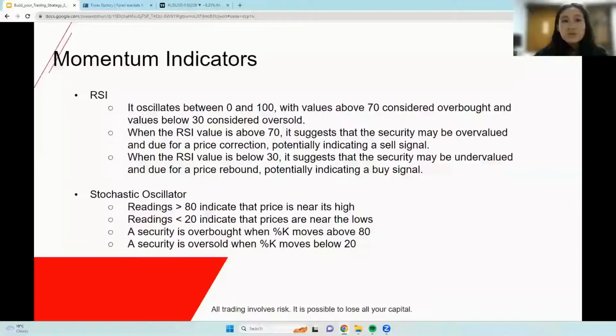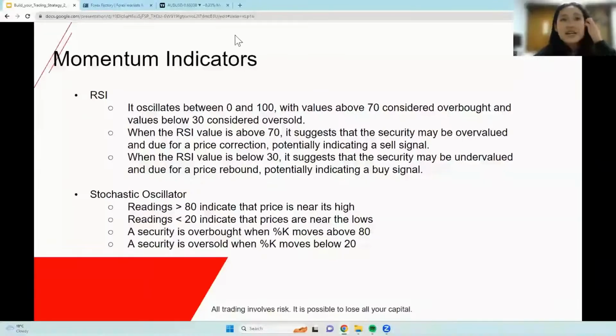When the RSI value is above 70, it suggests that the security may be overvalued and due for a price correction, potentially indicating a sell signal. When the RSI value is below 30, it suggests that the security may be undervalued and due for a price rebound, potentially indicating a buy signal.